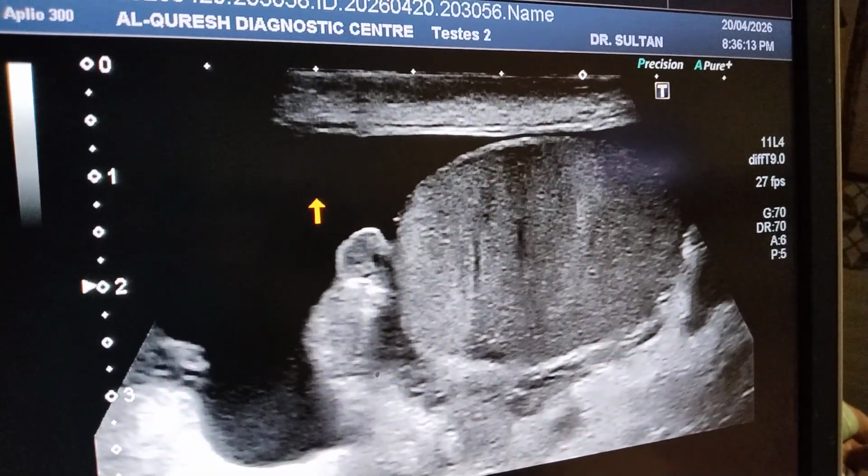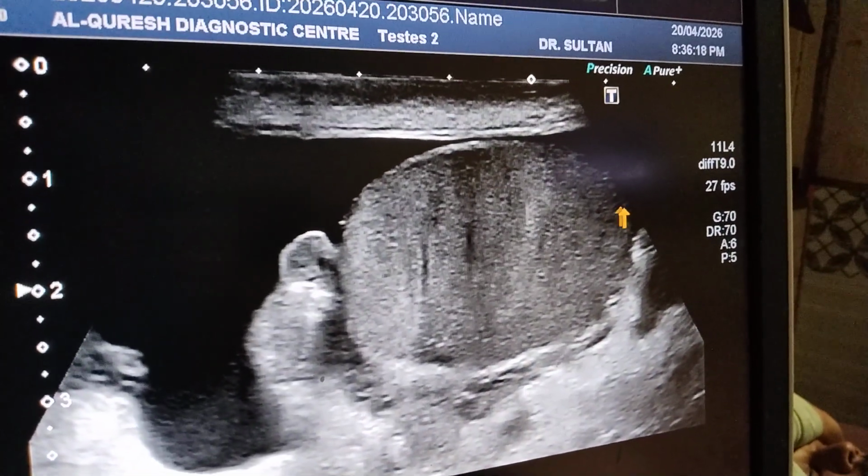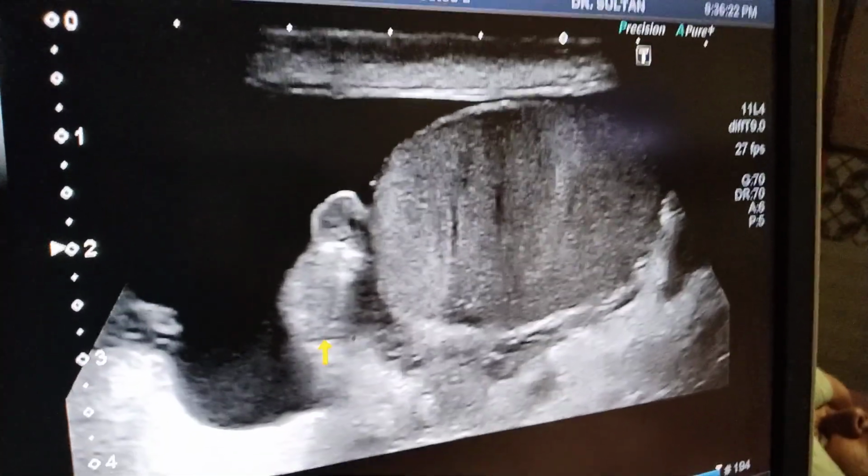Look here, this is the hydrocele, this is the left testis, here is the lower pole of the testes, and this is the upper pole of the testes, and this is the epididymal head.